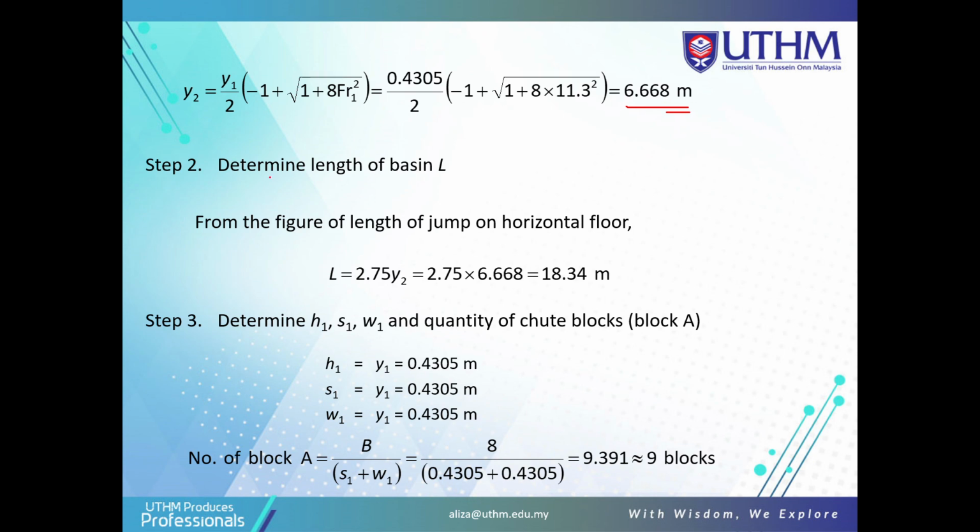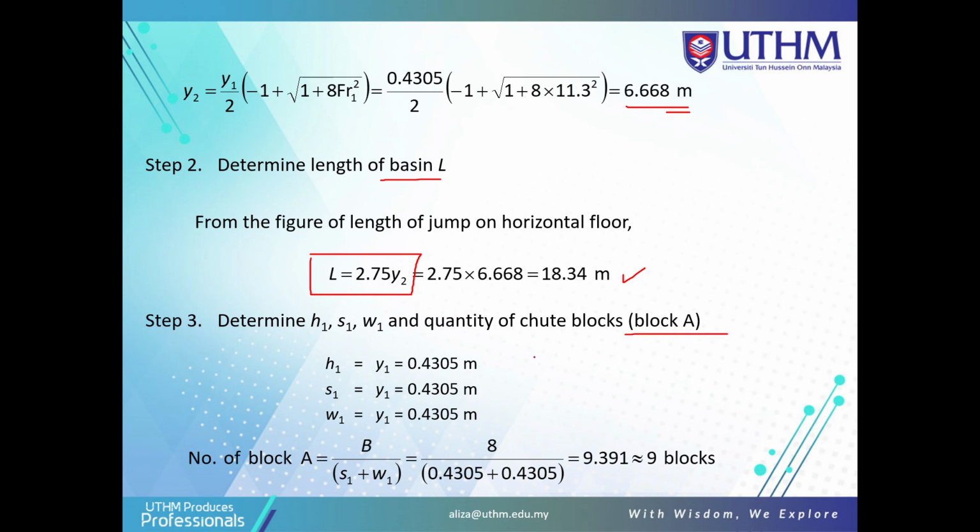Then step 2, determine length of basin. From the figure of length of jump on horizontal floor, use the length of basin based on this formula. Just put the value Y2 times 2.75, so you get the value here. Now step 3, you find the H1, S1, W1.